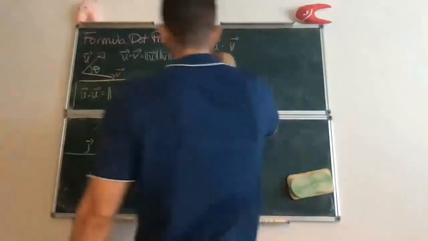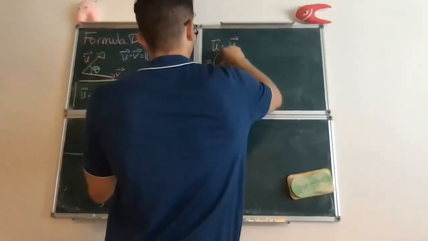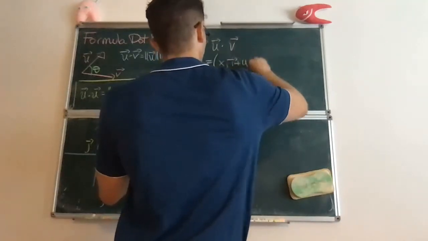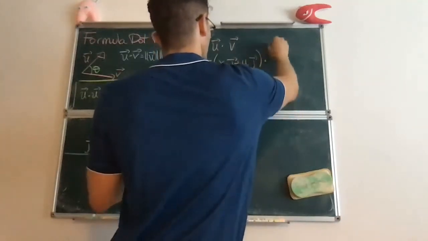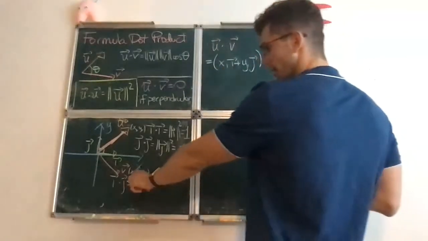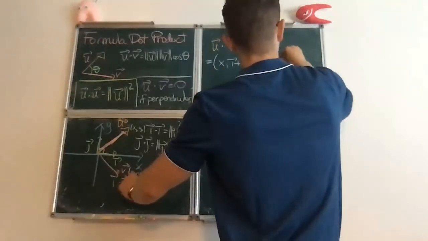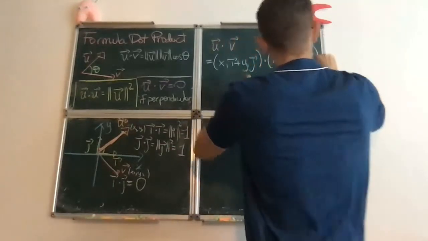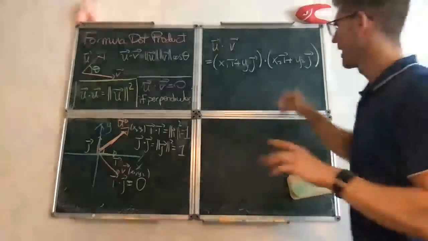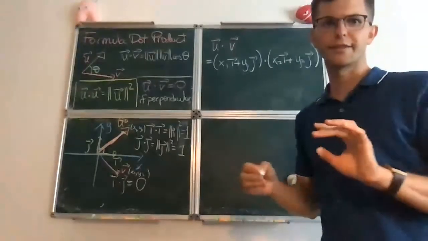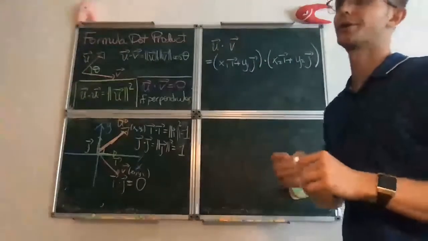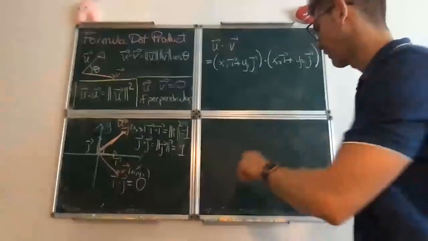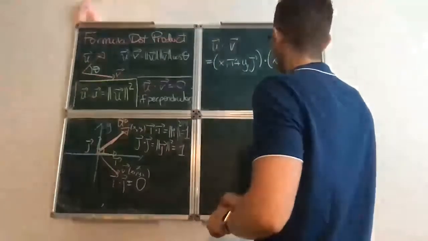So you can write u as x1 i plus y1 j, and v you can write as x2 i plus y2 j. And we'll take for granted the fact that when you do a dot product, you can distribute in the naive way, as you would if you just thought of these as ordinary numbers.